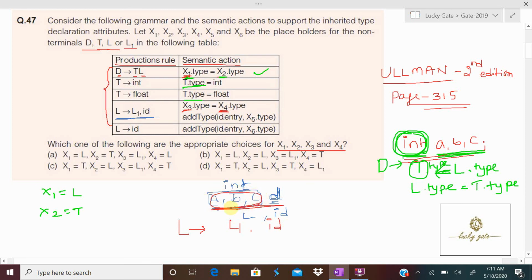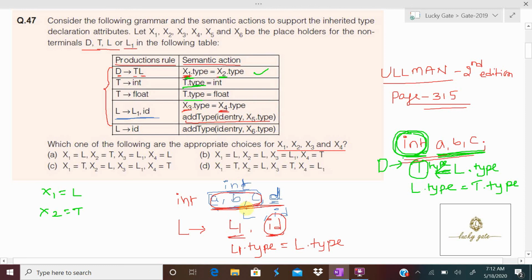The type of ABC, assuming integer, means whatever the type of list of identifiers, say it is integer, means L1 type means this type of identifiers should take the type of L, and this is ID is specifically mentioned that identifier is to be added into the symbol table.